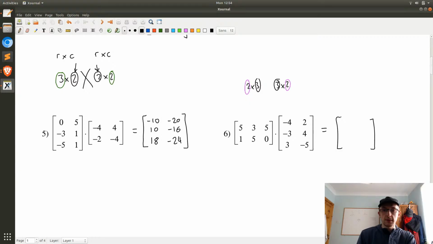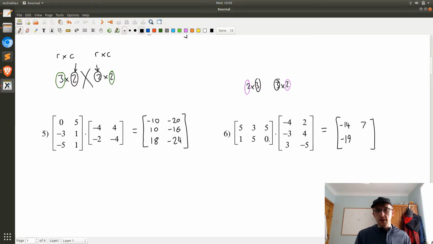So negative 29 add 15, which is negative 14. 5, 3, 5 dot 2, 4, negative 5 is 10 add 12, take 15, which is 22, take 15, which is 7. 1, 5, 0 dot negative 4, negative 3, 3 is negative 4, take 15, add 0, which is negative 19, I believe.